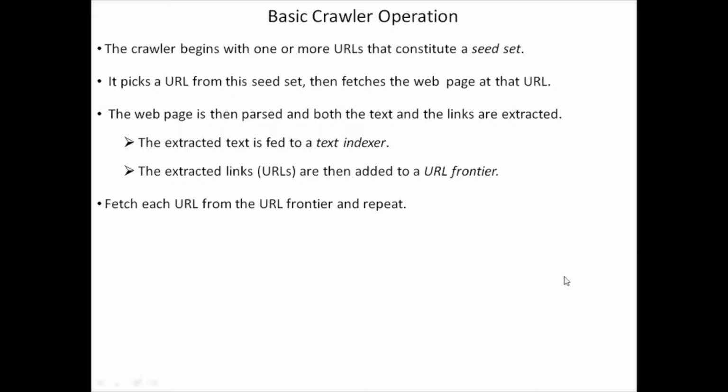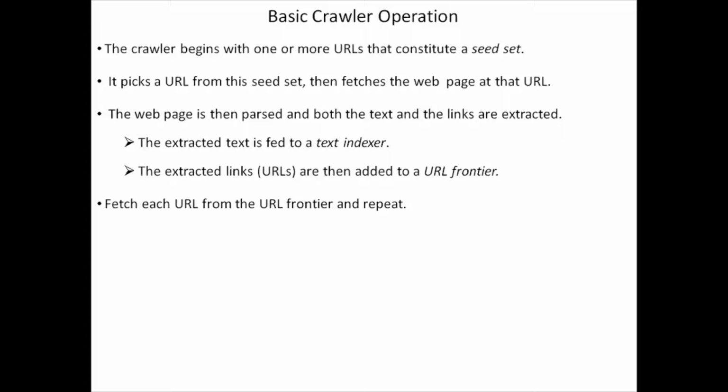Now you can see that the URL frontier consists of multiple URLs. Each of these URLs will be fetched, and after fetching, the URL will be deleted from the URL frontier, and this process will repeat. We fetch a URL from the URL frontier, then fetch the web page from that URL, and after that we give it for parsing.